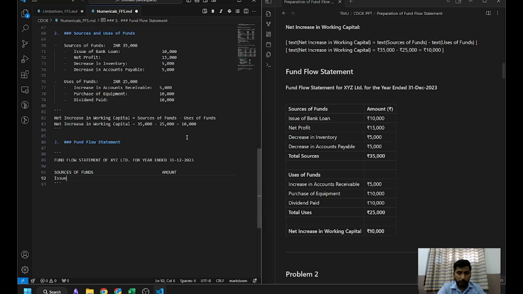Number one is issue of bank loan. Then is the net profit. Then is the decrease in inventory. And then is the decrease in accounts payable.